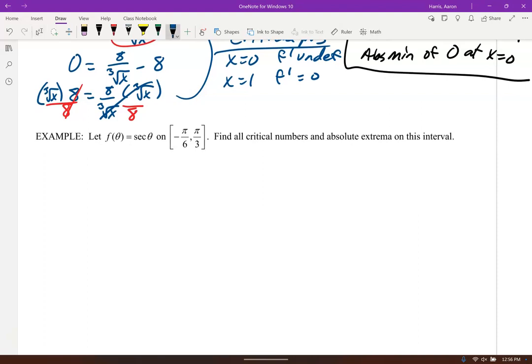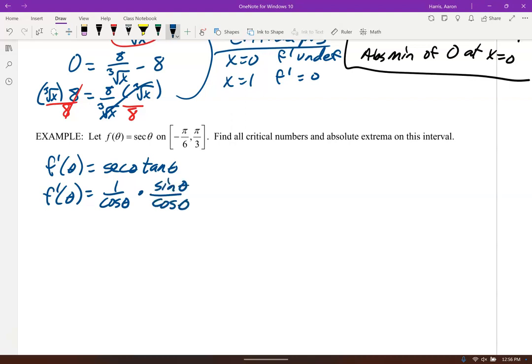We've got the secant now, so let's go ahead and take the derivative to find our critical points. The derivative of secant is secant tangent. And if you think about that, that's 1 over cosine times sine over cosine, right? So where is the derivative undefined? Anytime the cosine is 0, f prime would be undefined.